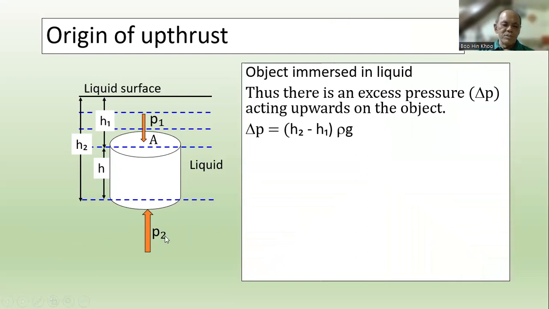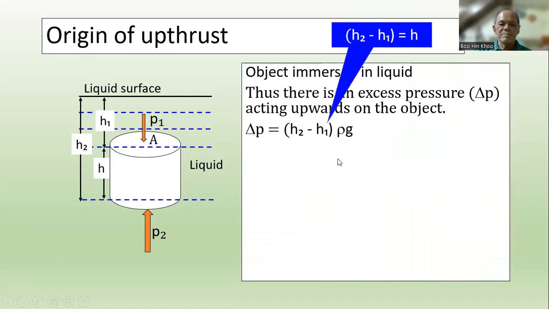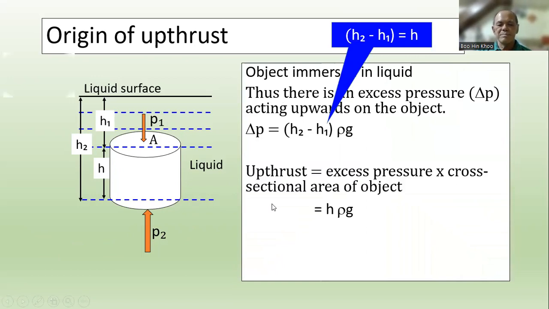So P2 is greater than P1. We call that the excess pressure, delta P. It's H2 minus H1 times rho G. H2 minus H1 is your H. So upthrust equals excess pressure times cross-sectional area of object.